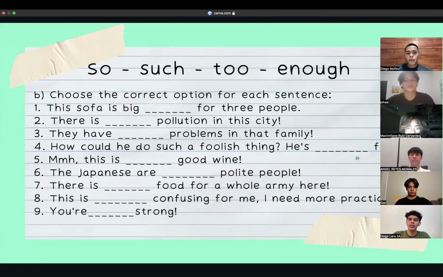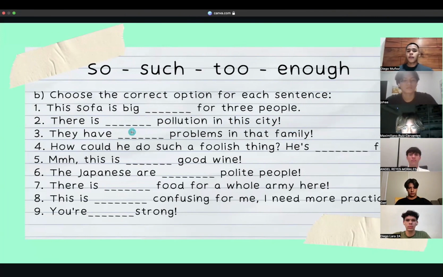Now we have some exercises that could be more difficult, like at a higher level. So the first one: this sofa is big blank for three people. This sofa is big enough for three people. Okay, when we finish all the exercises, we put the answers. Okay.